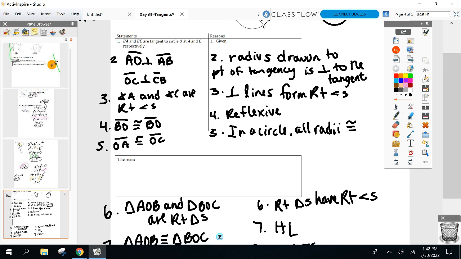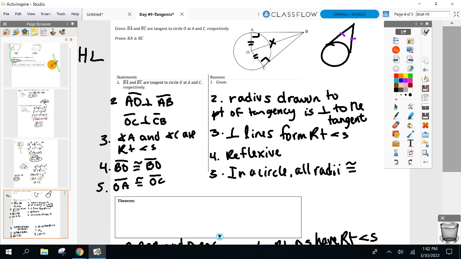Instead, you'll have a theorem that says the following. First of all, what are BA and BC? Tangents. Here's what you just proved. Tangents drawn to... What's so special about where those two tangents are drawn to? Same point. Good. Two tangents drawn to the same, and I'm going to add a word in here now, external point.